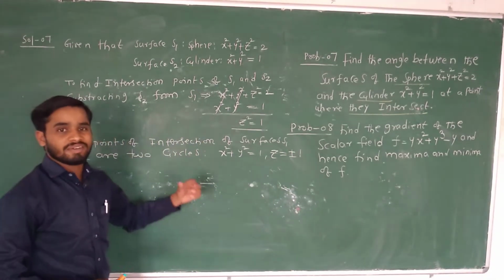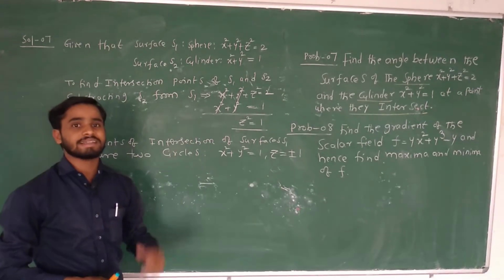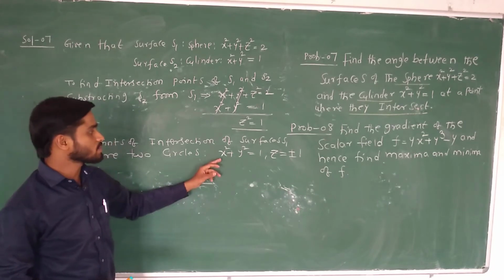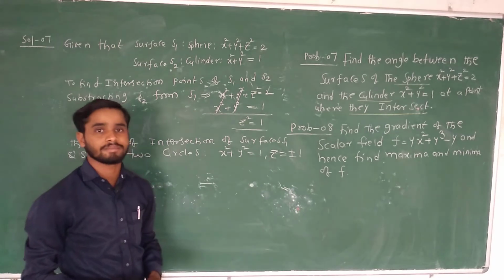So you got the points of intersection for surfaces S1 and S2: two circles, x square plus y square equal to 1 and z equal to plus or minus 1.